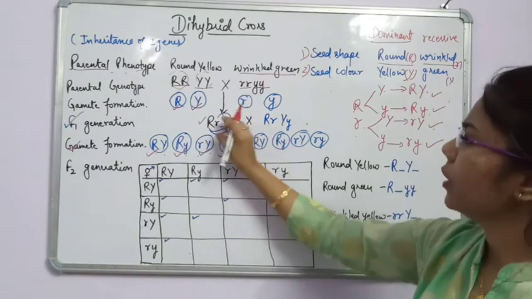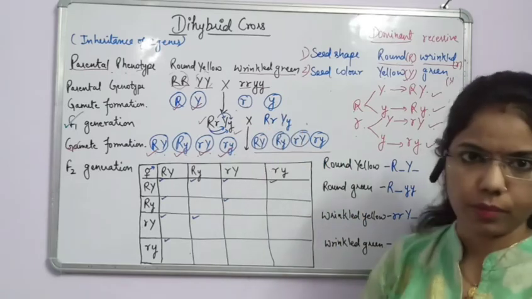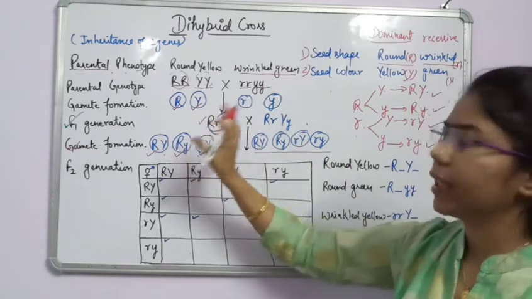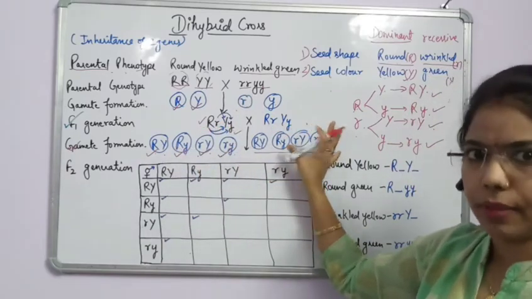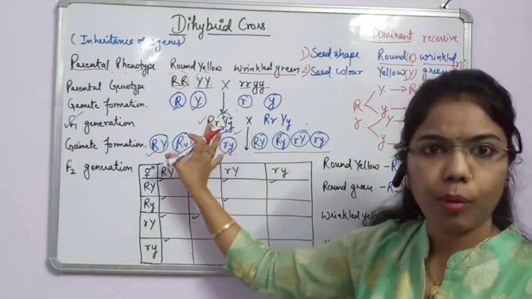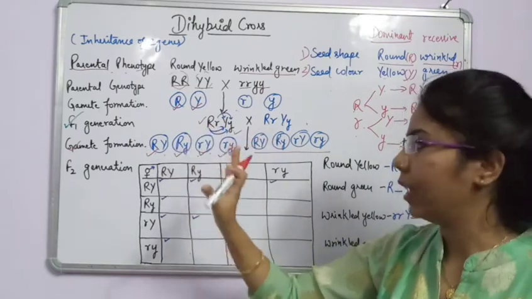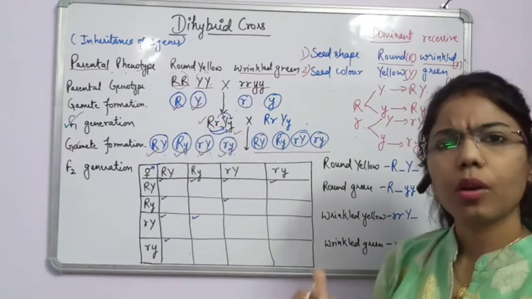As we know that both are the same, the same thing we will get from this side also. We can assume that this is a male gamete and that is a female gamete, or vice versa. It's your choice. If we talk about plants, male gametes are the pollen grains and the female one is the ovum.